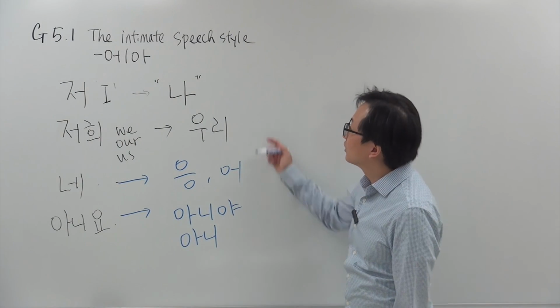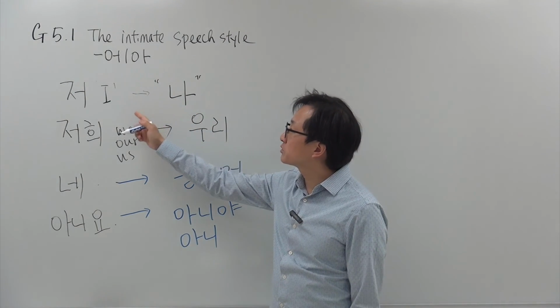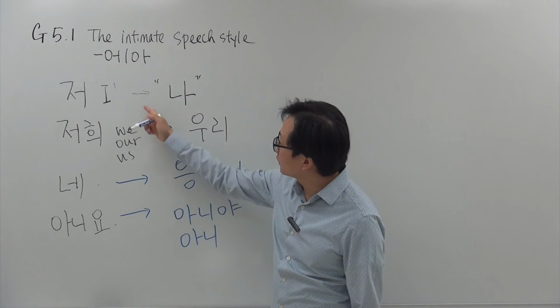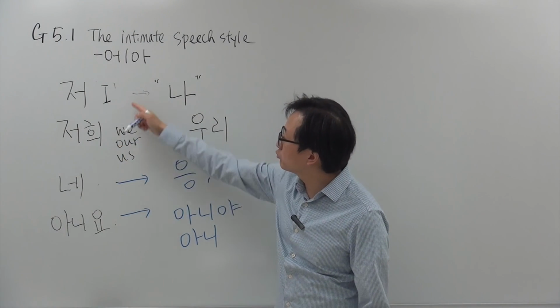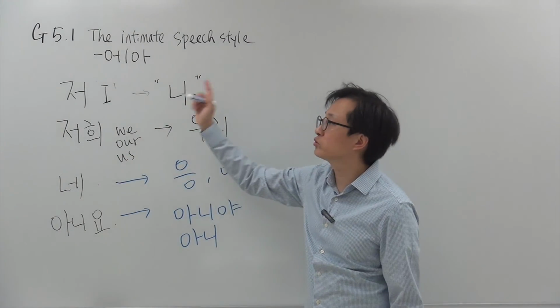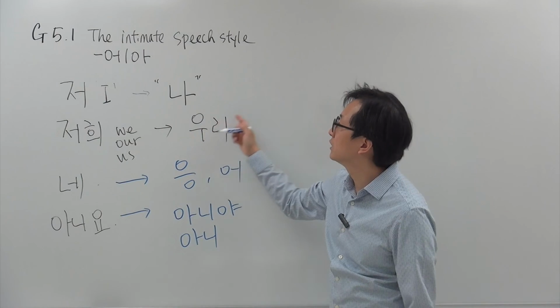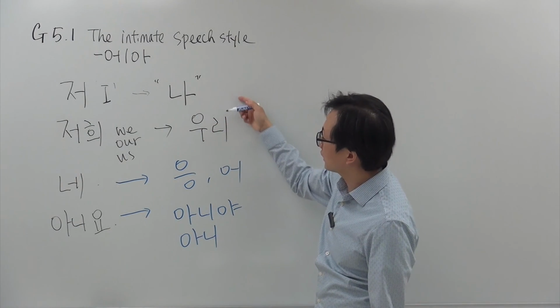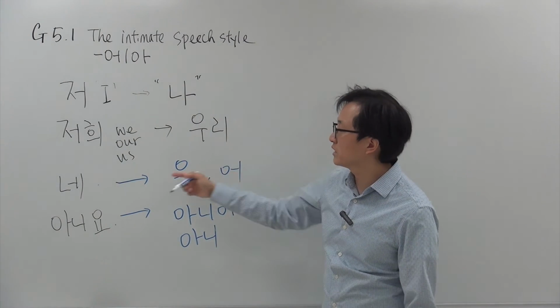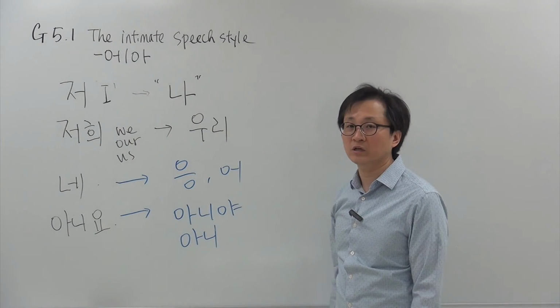So the first person pronoun, I, and its plural form 저희: 저 and 저희 cannot be used. We don't use 저 and 저희 with this intimate style. So please remember this plain form, 나, 우리. And 응 and 아니야. So we use yes and no in a very casual form, right?